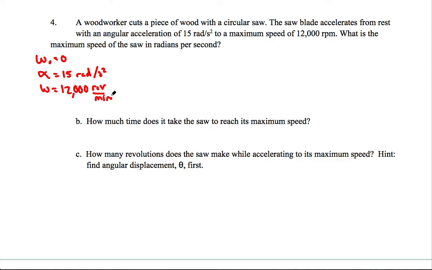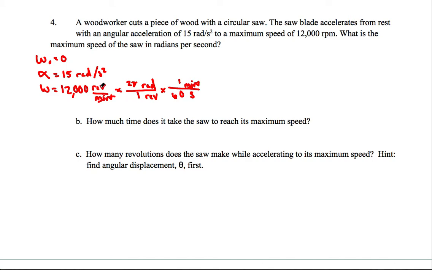And notice that I'm writing it like this, because actually what I want to do is convert that. So get rid of the revolutions, put them down below, get in the radians, and just like before, 2 pi radians is 1 revolution, and then get rid of the minutes, so put that up above, get it into seconds, and 1 minute is 60 seconds.